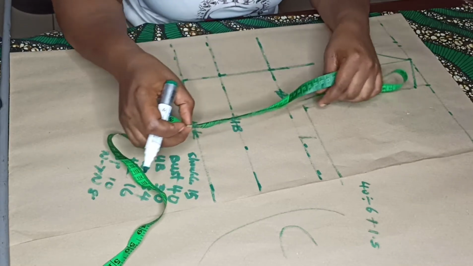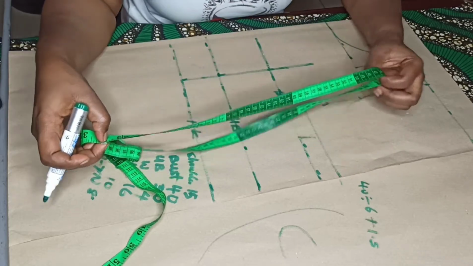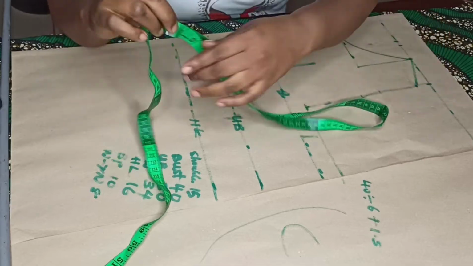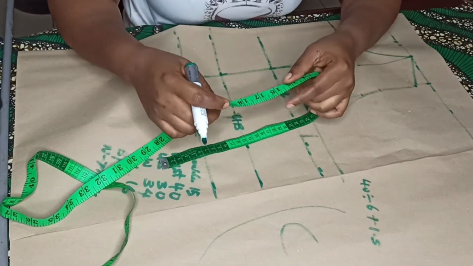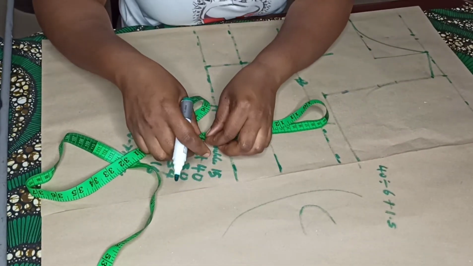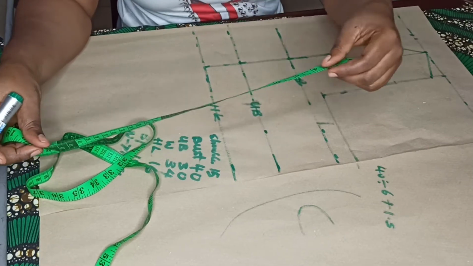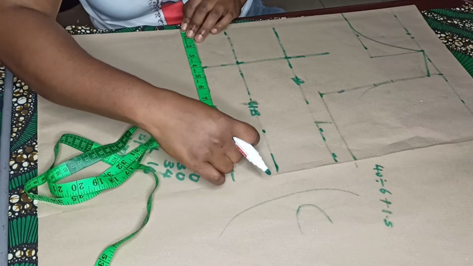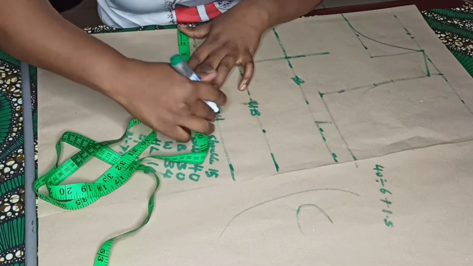So 34 divided by 2 is going to give us 17. So 17 divided by 2 is going to give us 8.5. So 34 divided by 4 is going to give us 8.5. So this is 8.5 here.